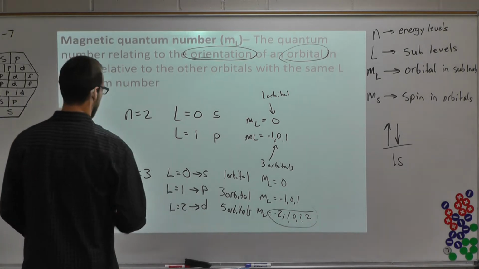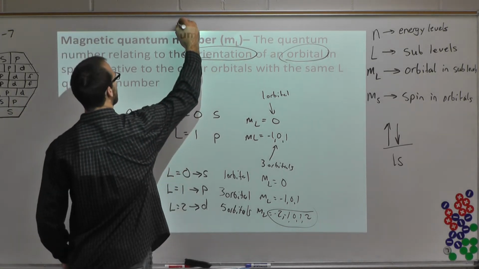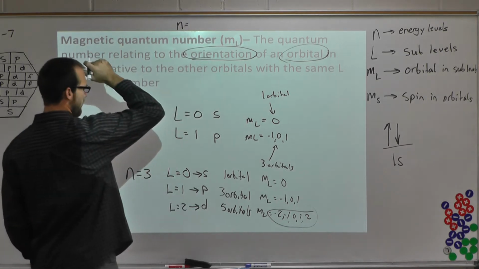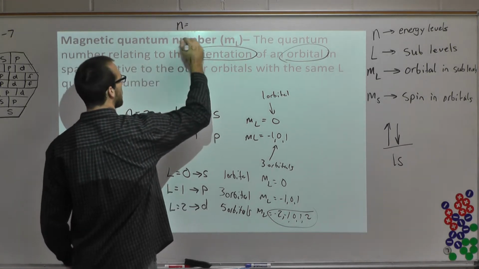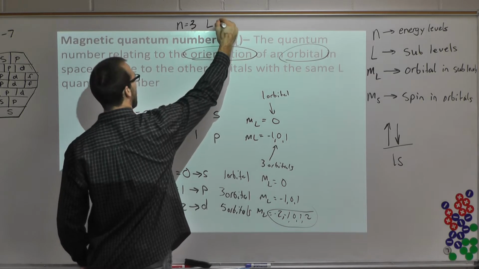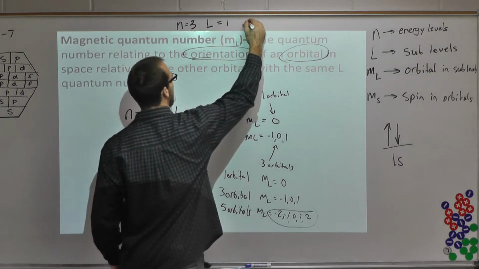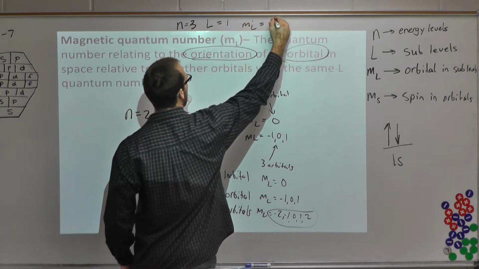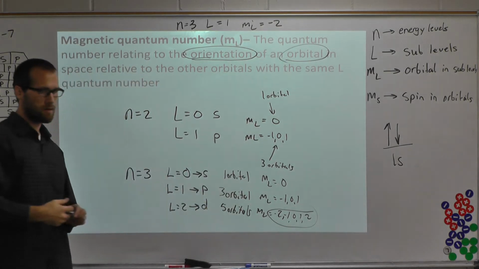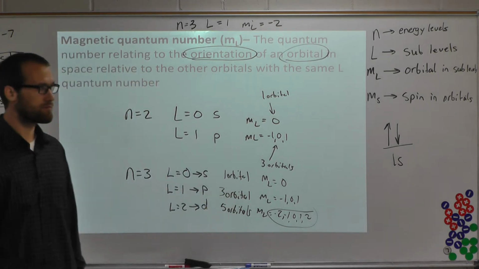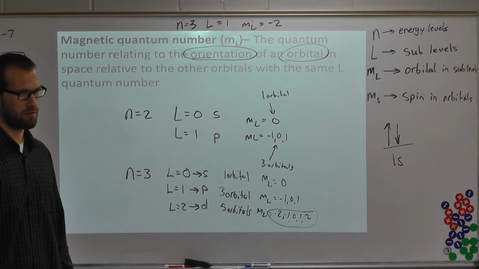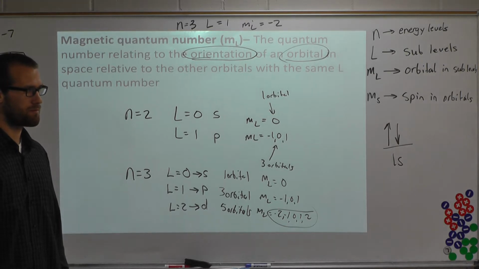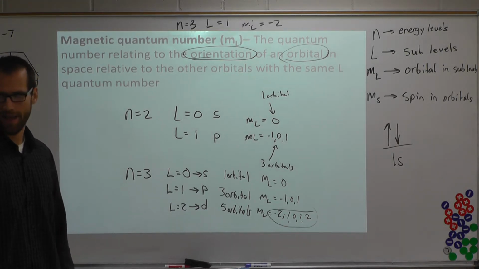So, is this possible? N of 3, L of 1, ML of negative 2. Is this possible? I see one correct head shake answer.